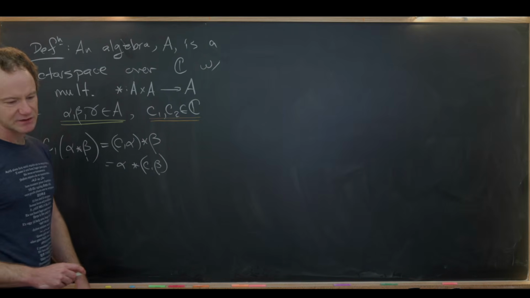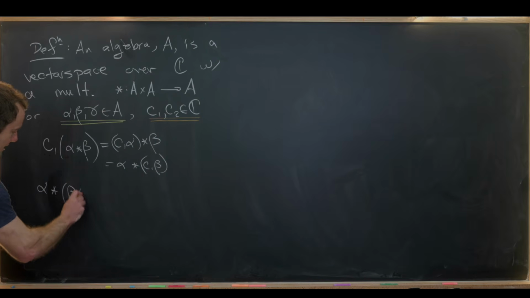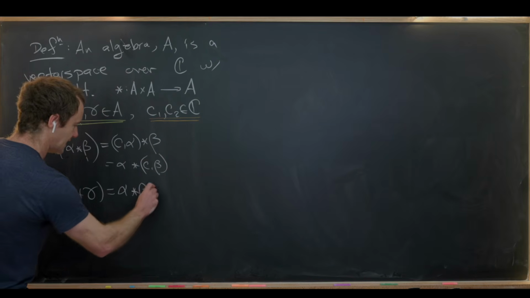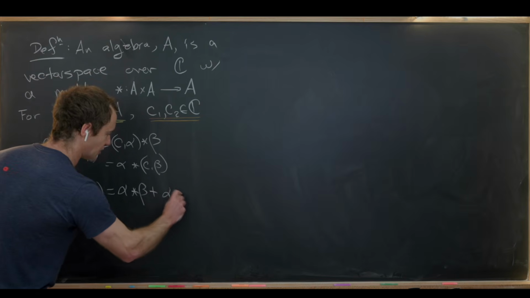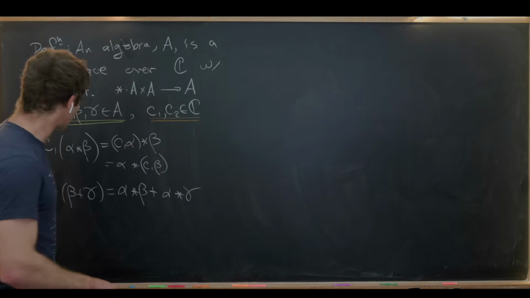And then maybe we've also got a distributive rule. So we've got alpha, let's make sure to put a star here, and then beta plus gamma is equal to alpha star beta plus alpha star gamma. And then maybe we would have another distributive rule based on this one, but it would be a right distributive rule.